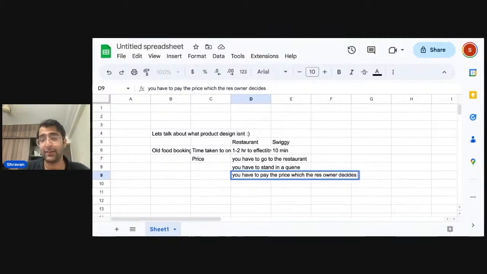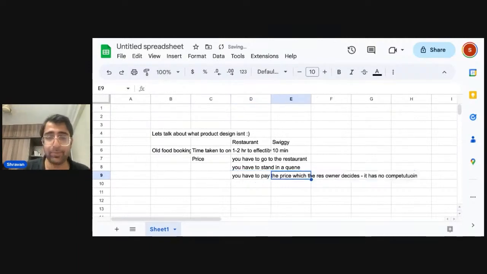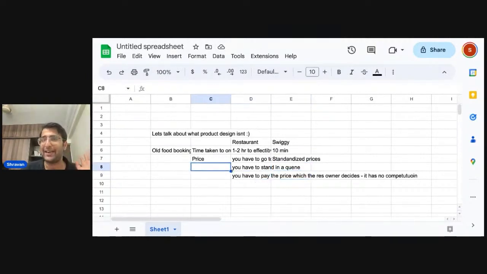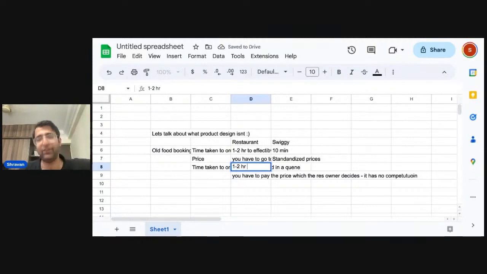Okay? It has no competition. Okay? Swiggy, standardized prices. This is the second thing. Price में भी आपको standardized मिलते हैं. Third, time taken. It will take you probably 1 to 2 hours to go to the restaurant, pick up the food, bring it back. Swiggy, it will take you 45 minutes max. कभी-कभी ज़्यादा हो जाता है, but on an average 45 minutes.